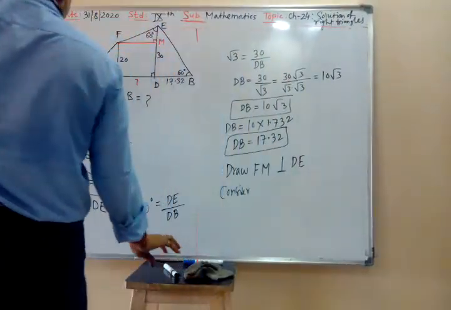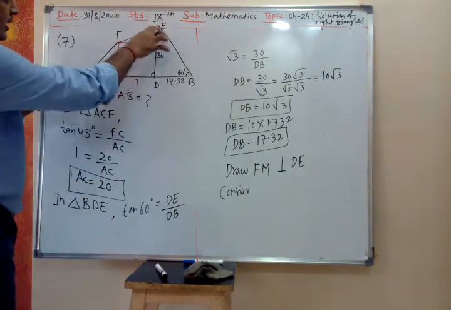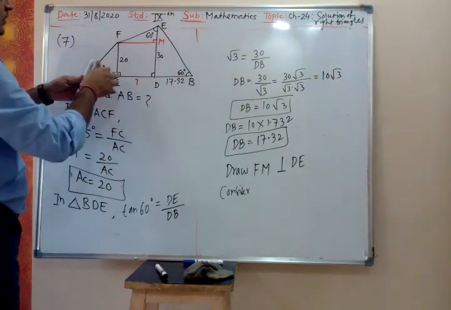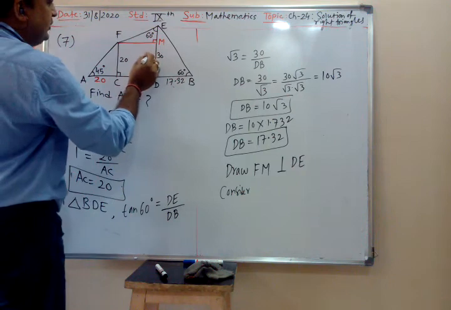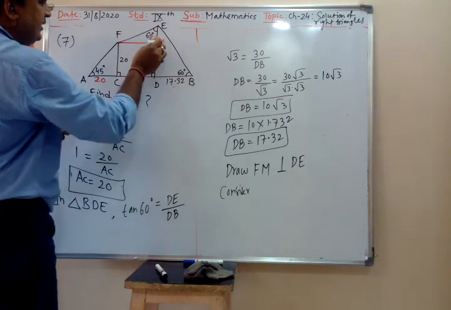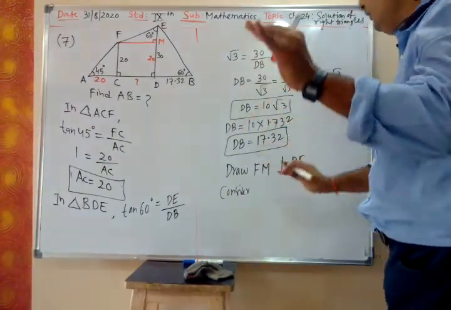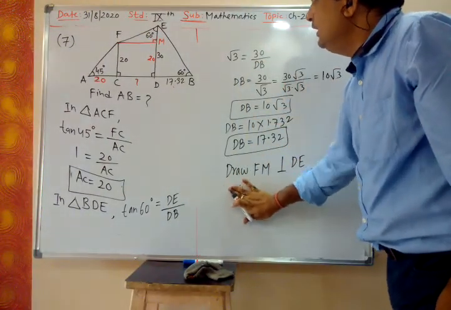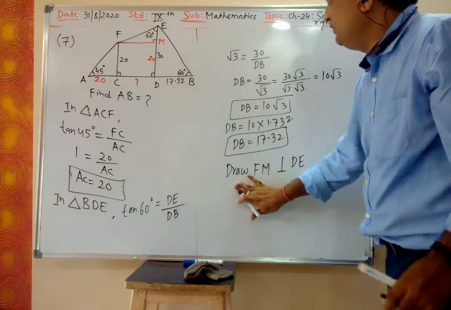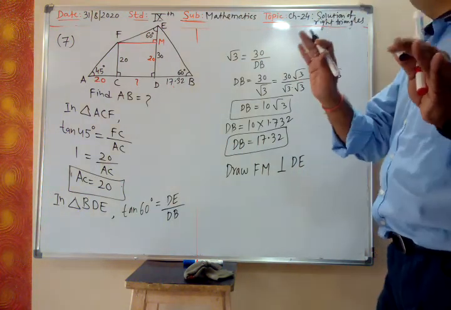See here. Now the complete length is 30. So DM will be 20, no? Are you getting? What will be DM? No, wait. CD will not be 20.